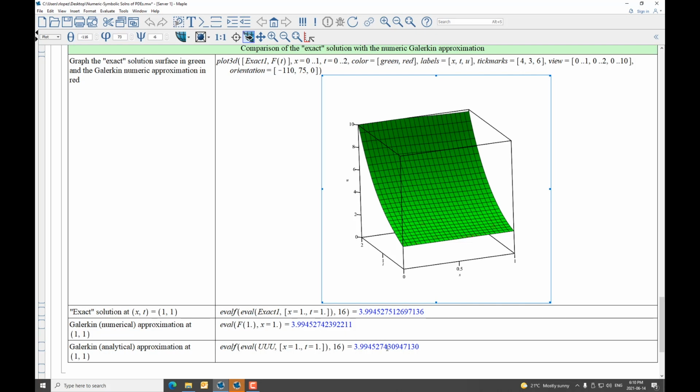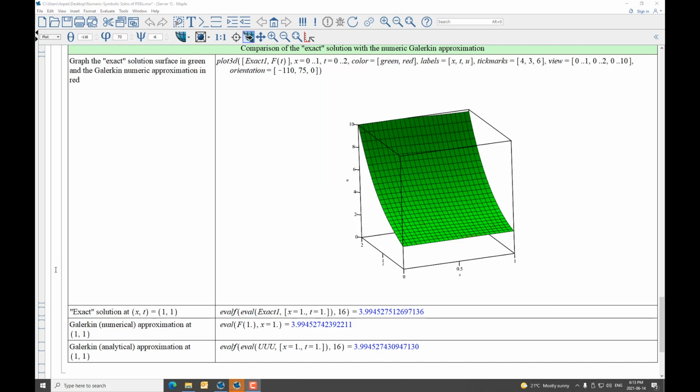This and this are close, small discrepancy over here. So applying the Galerkin technique and solving the differential equations either exactly or numerically is a reasonable approach to take for these evolution equations.